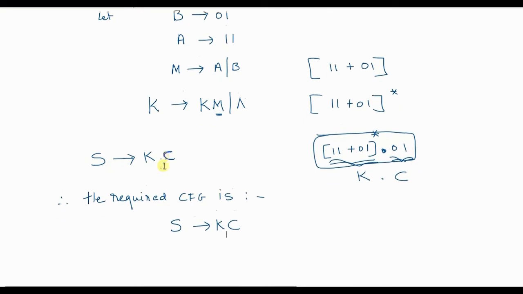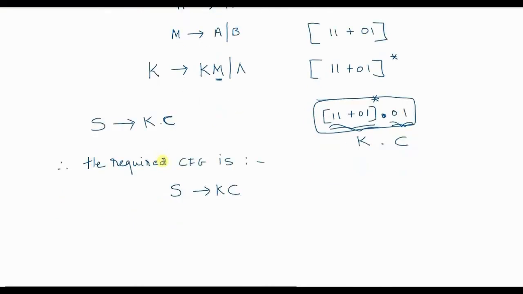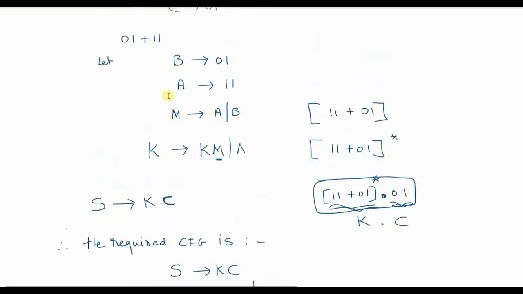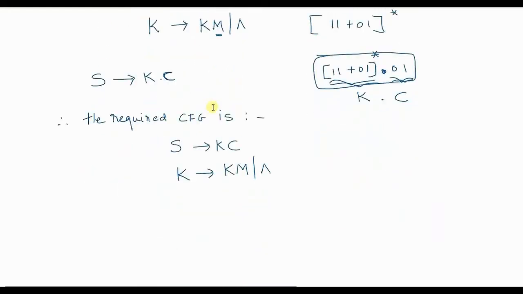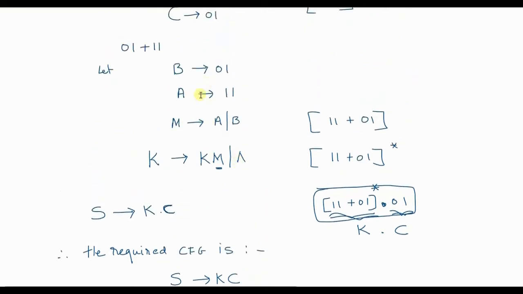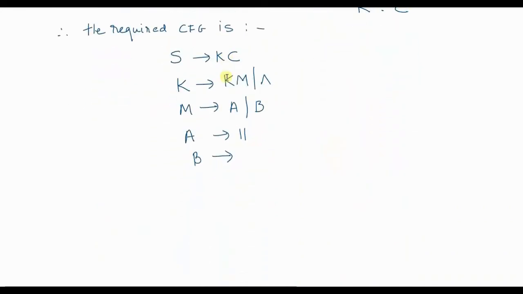Then further K gives KM or null. Agreed? Then M gives A or B, that is M gives single A or single B. A gives 1, 1, B gives 0, 1.